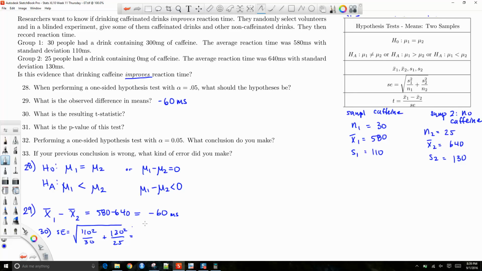When I punch this out, I get 32.85 or something around there. And so our test statistic t is going to be x bar 1, 580, minus x bar 2, 640, divided by my standard error, 32.85. And I get a test statistic of negative 1.826.